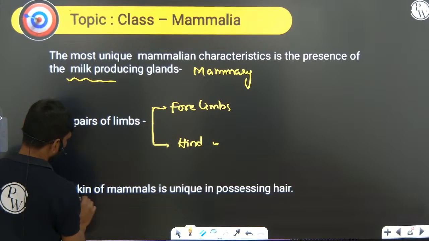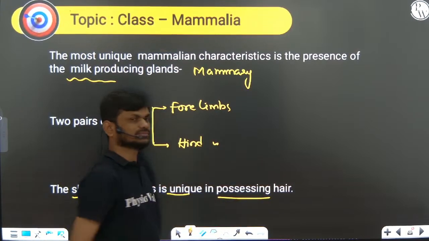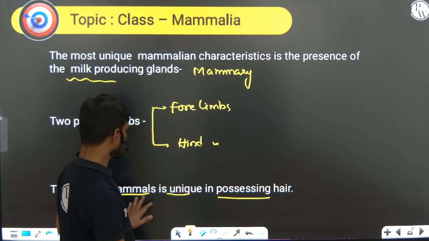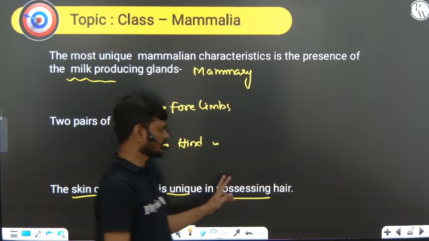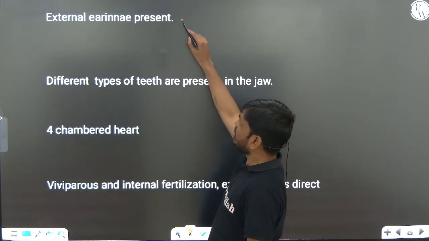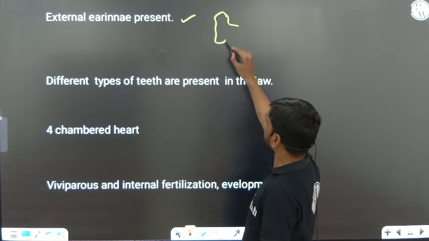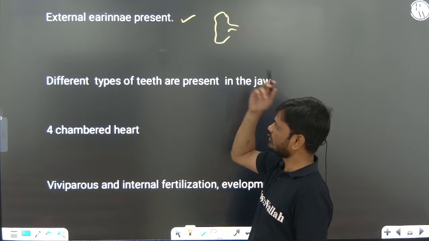The skin of mammals is unique in possessing hairs. A very unique feature of the mammals, right? External ear pinna is present. It was absent earlier in all other classes.